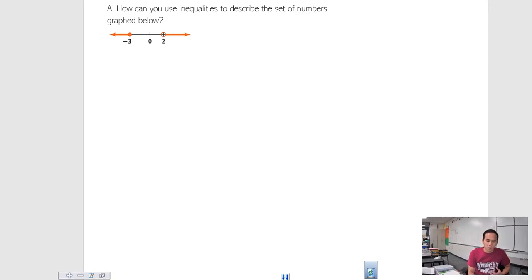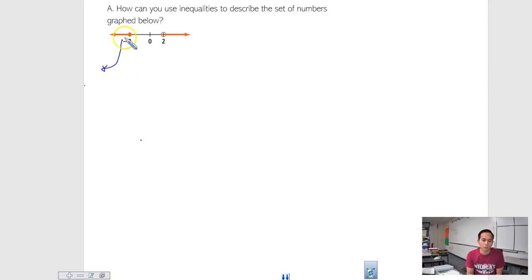Because we can distinguish whether they made use of greater than, less than, greater than or equal, or less than or equal just by looking at the graph. Here, the point is a solid one, so they made use of greater than or equal or less than or equal.